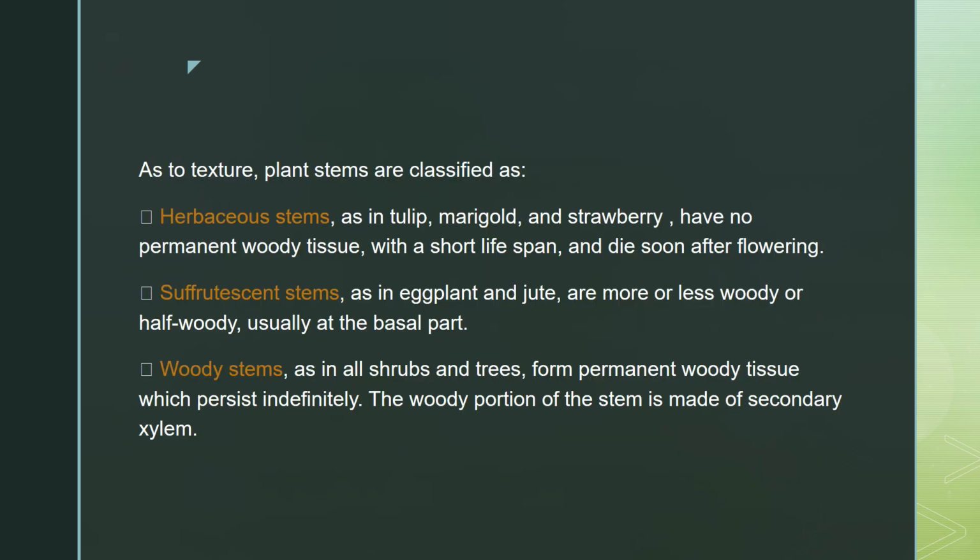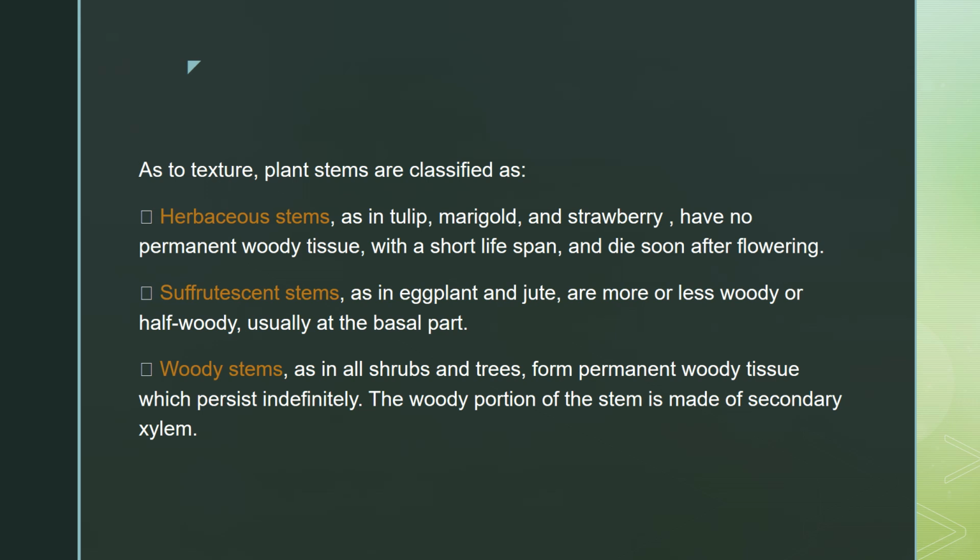As to texture, plant stems are classified as herbaceous stems. You can observe them in the herbs. The herbs have herbaceous stems. Also in tulip, marigold plant, and also in strawberry.